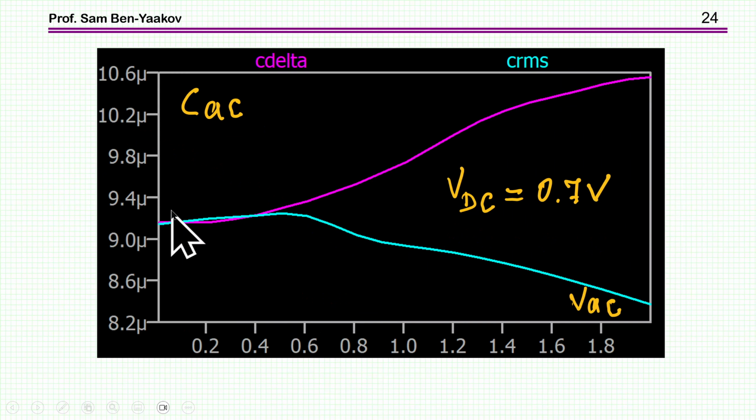If, however, I look at this AC capacitance with some DC bias, you see a big difference. Now, the peak-to-peak is shooting up for this range here, while the RMS is going down. So again, the method of measurement makes a very big difference whenever you start to have distortion in the signals.